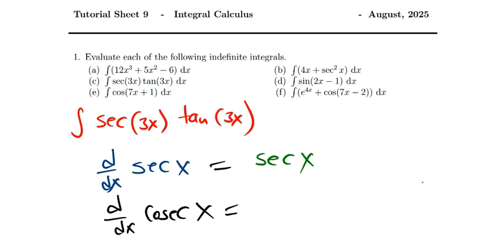The other one will start with itself as well, except it also starts with a negative. Then the first one will have tan, then the other one will have what? 1 over tan, which would of course be cotangent, right? So derivative of cosecant of x is minus cosecant of x, and then cotangent of x.